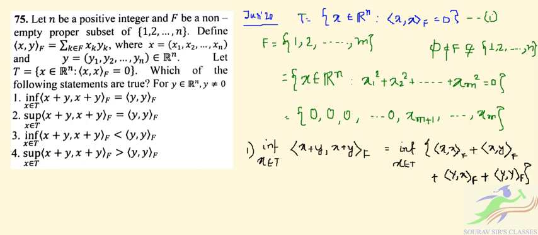So the infimum over x belonging to T will be simply the inner product of y comma y.